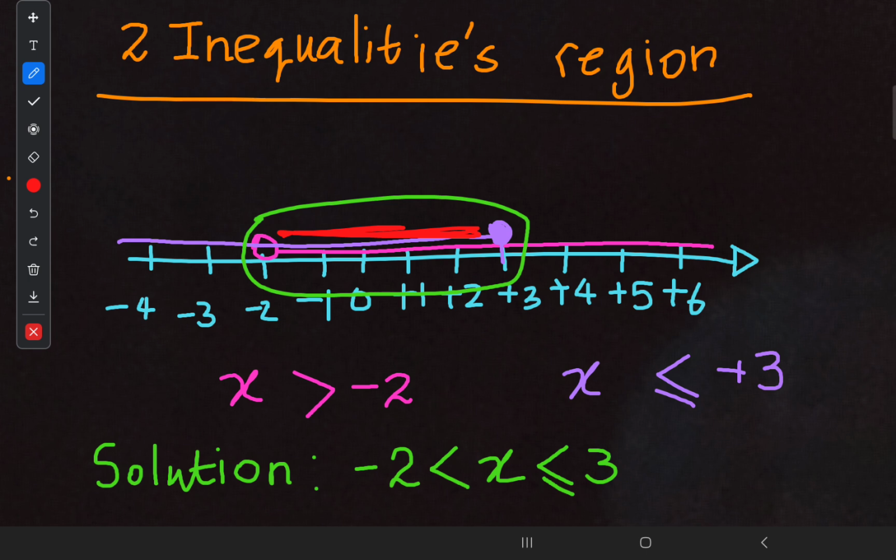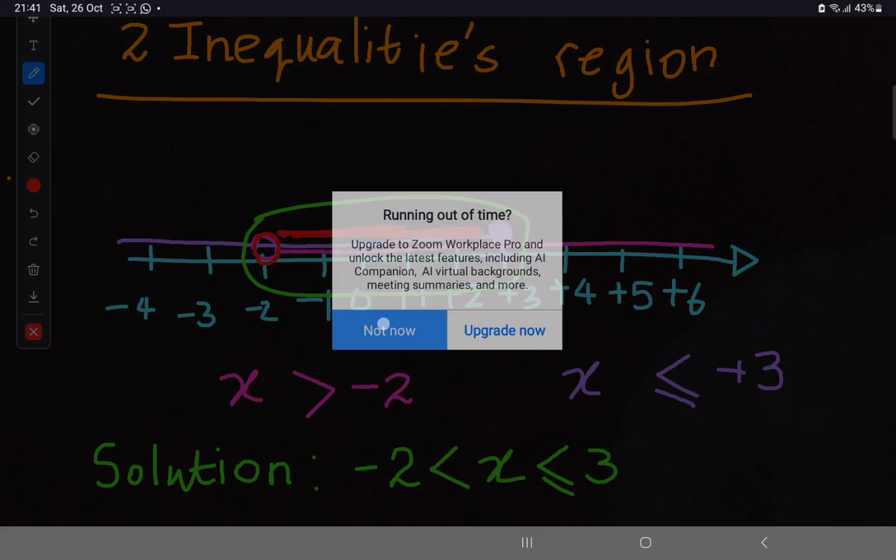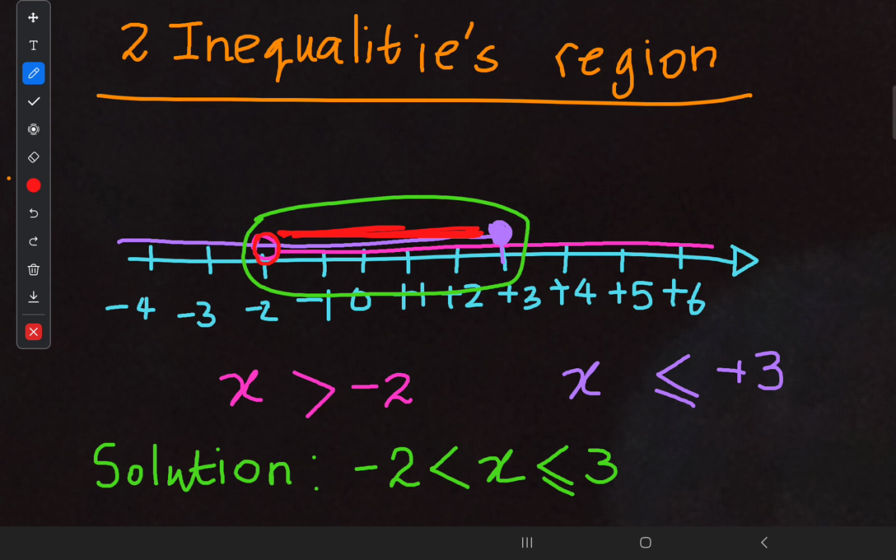Here the values are in between. This is our resultant region. In the resultant region, the values are greater than -2 and less than or equal to 3. That's how we mark this one.